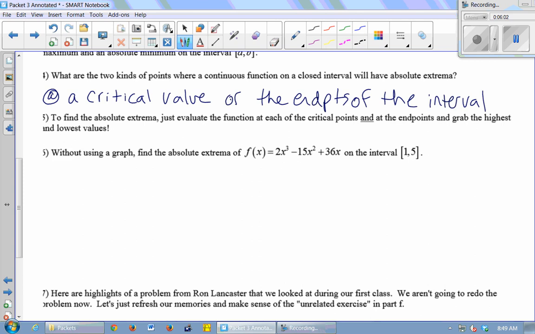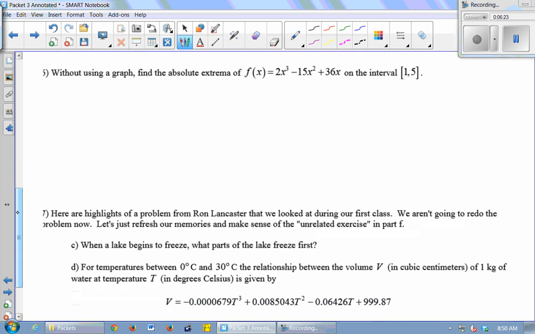So if you want to find the absolute extrema, find all the critical points, evaluate the function at each of the critical points and at each of the endpoints of the interval. The biggest value is your global max, and the smallest y value will be your global min. So for example, without using a graph, I want to find the absolute extrema, the highest point and the lowest point of f of x on the closed interval from 1 to 5.